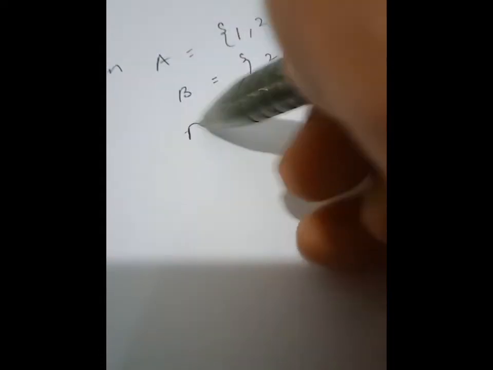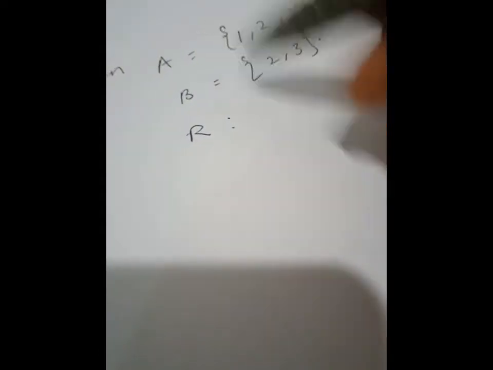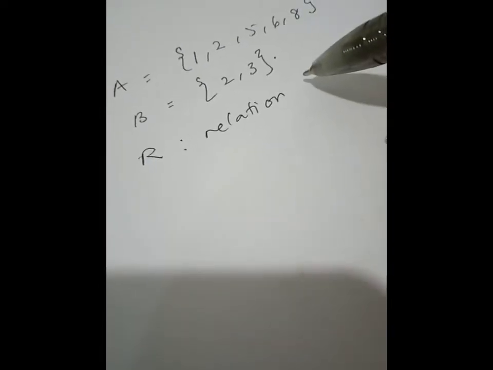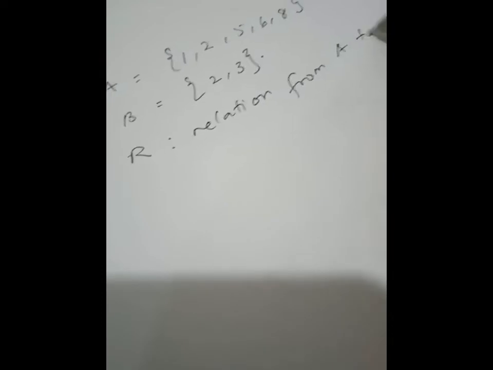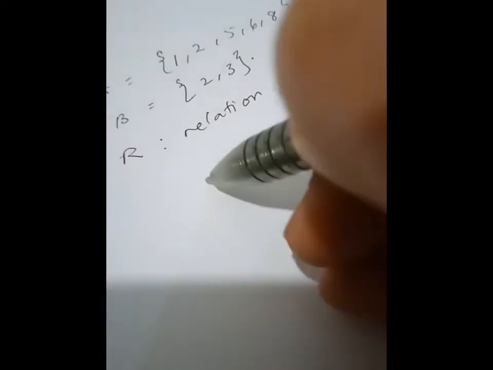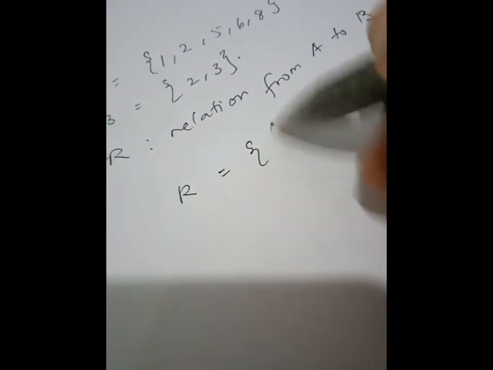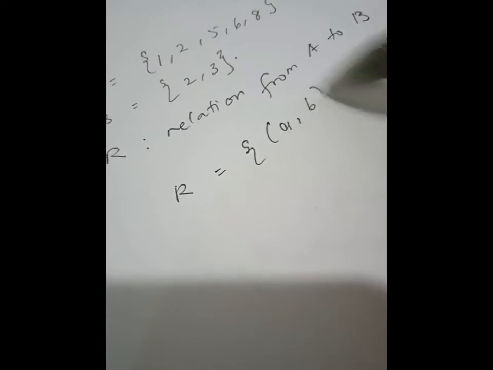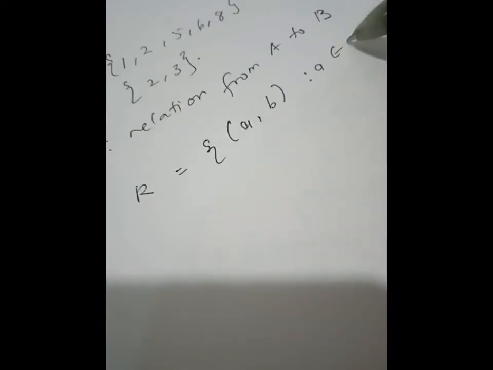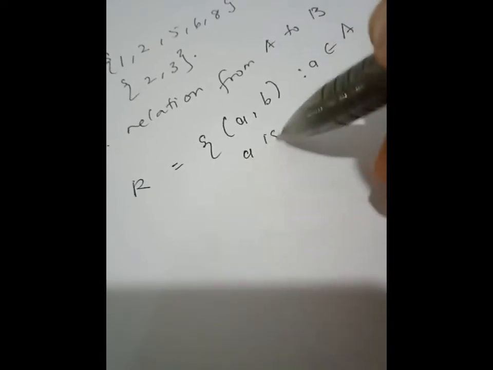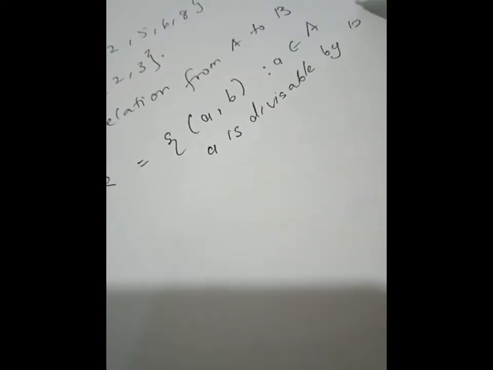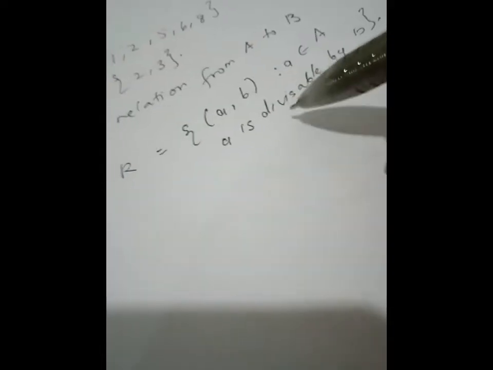And R is defined; we must define what the relationship is between A and B. So here R is defined as a relation from A to B, defined as the set of (a, b), where a is an element of A and a is divisible by b. So R is defined like this.